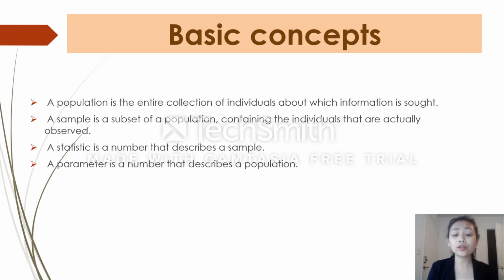And when you want to collect data, you have many ways to collect it. For example, you use a computer to randomly generate 100 student IDs and go to those 100 students to collect their height. So in that situation, you have one sample.